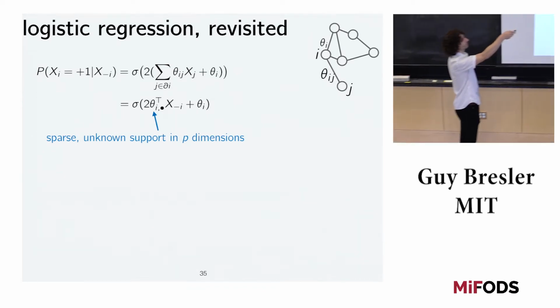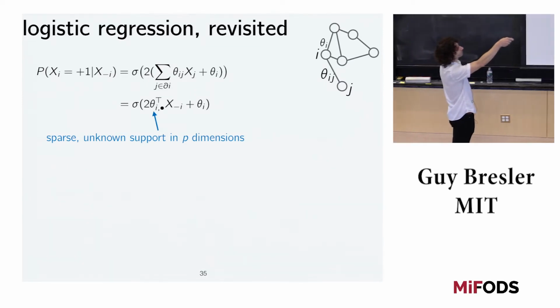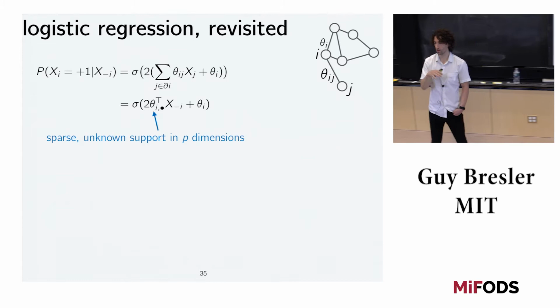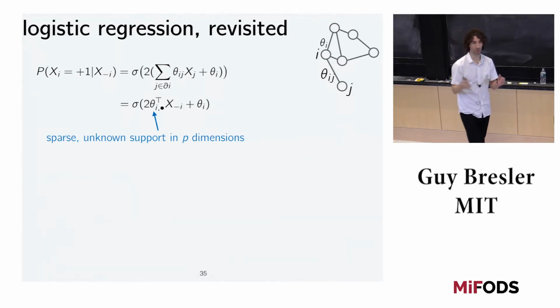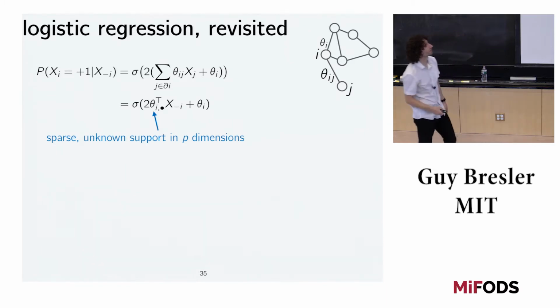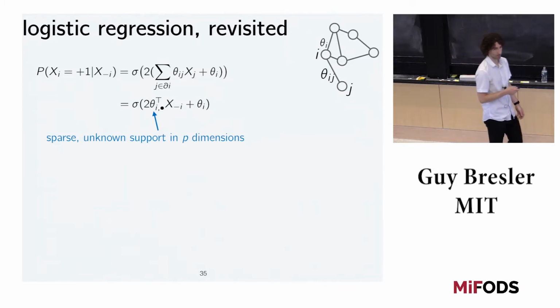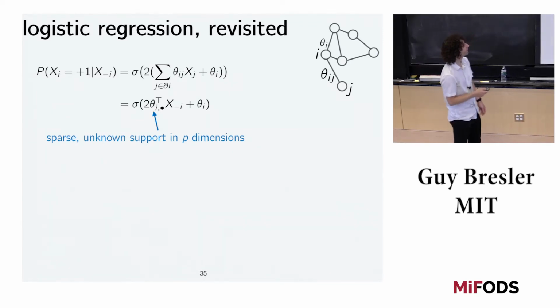Of course, now we don't know the graph, but still we can write the entire vector of thetas adjacent to I against all the nodes, and that's what's showing up in the logistic function. Now, theta here has a bunch of zeros. Wherever j is not a neighbor of I, the corresponding entry of this theta I vector is just 0. This is exactly the same reasoning as before.